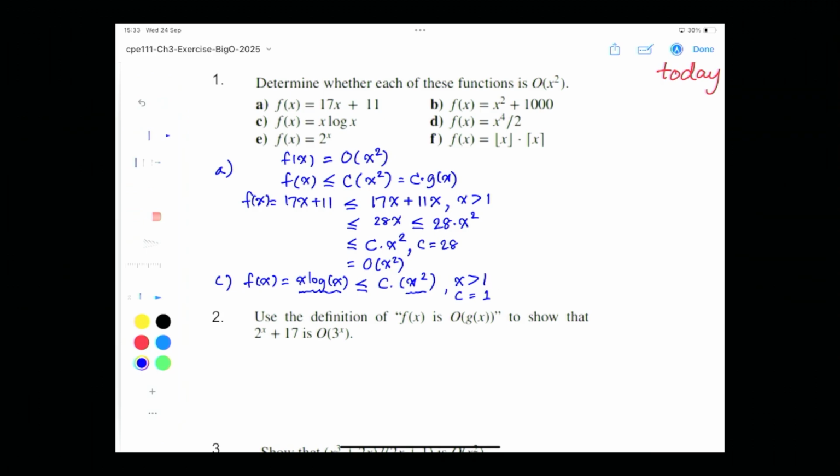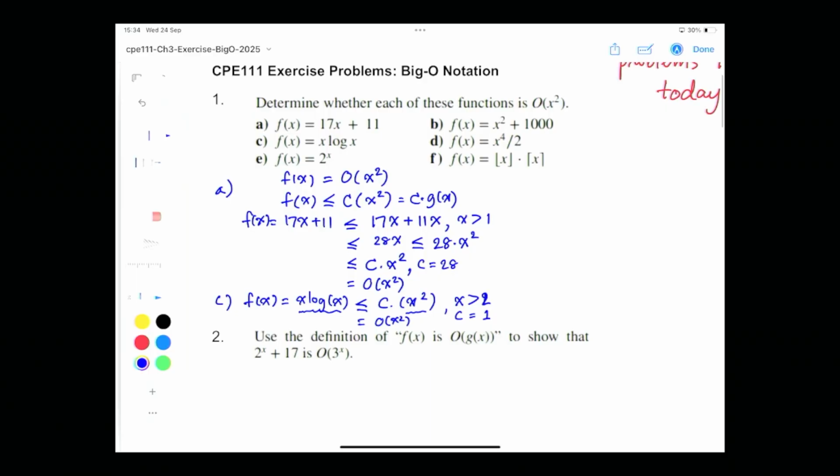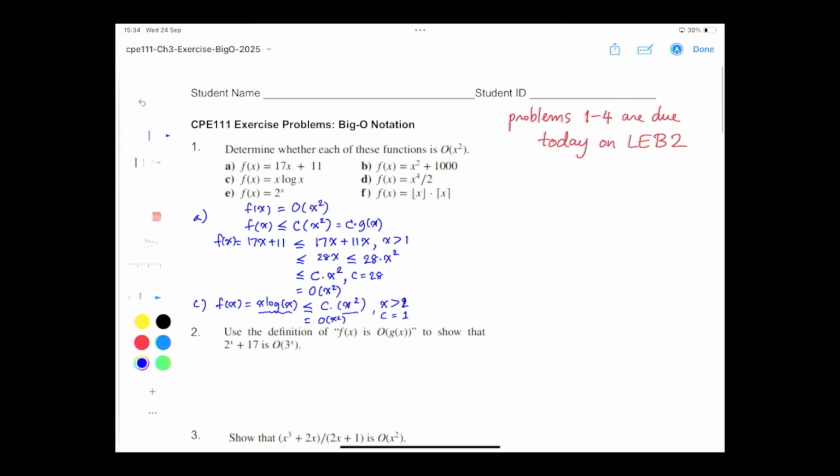Or if we are not sure, we could make it 2, it doesn't matter. This would be for sure true when x is greater than 2. So that's O of x squared. Now we have finished 2 functions for problem 1, so you could do more of the other problems.